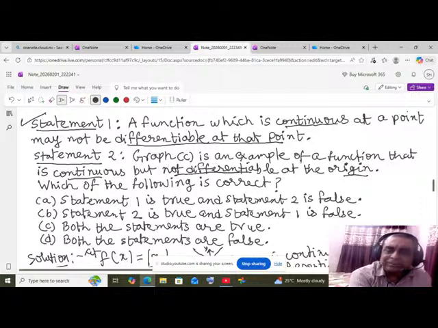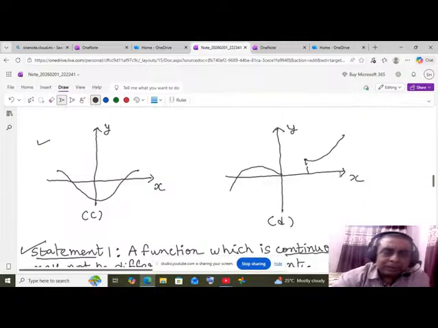Graph C is an example of a function that is continuous but not differentiable at the origin. That is false. Now please follow here. Here in graph C, this is the point at the origin.